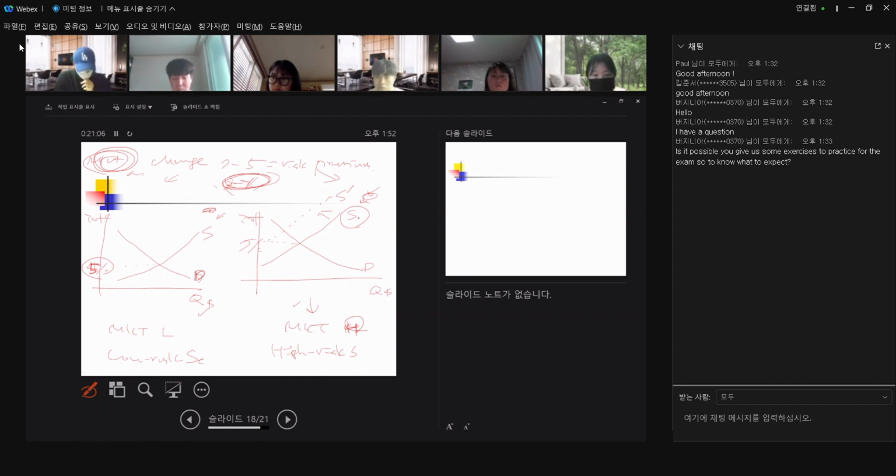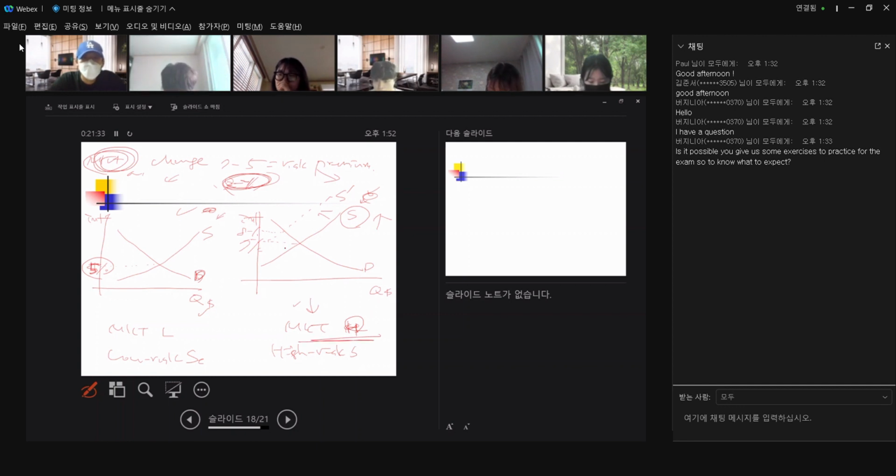So the supply curve is closer to the y-axis than this one. By the same token, if the risk is increased, then the supply curve now shifts to S prime from S. Then the interest rate increases, for example, to 8% from 7% in market H.